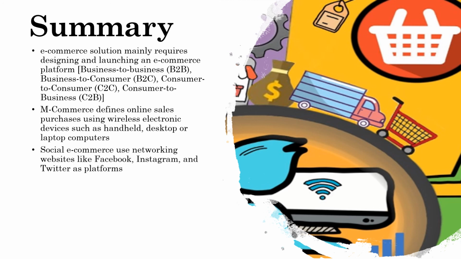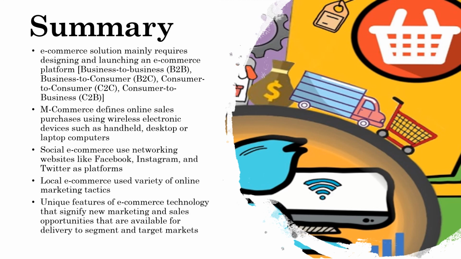The social e-commerce uses networking sites such as Facebook, Instagram, and Twitter platforms. Local e-commerce uses a variety of online marketing tactics. So the unique features of e-commerce technology signify new marketing and sales opportunities that are available for delivery to segment and target markets.